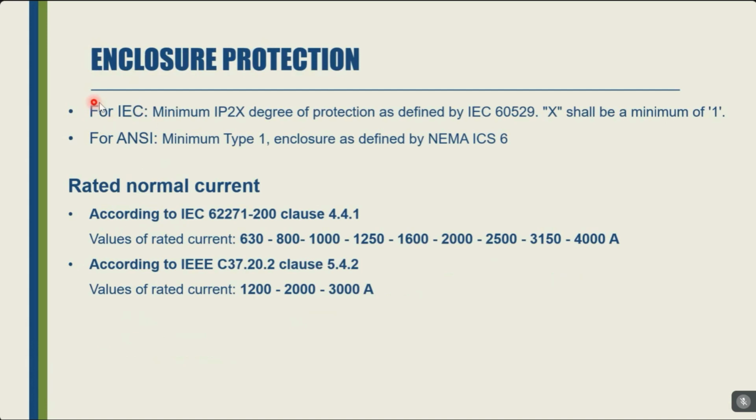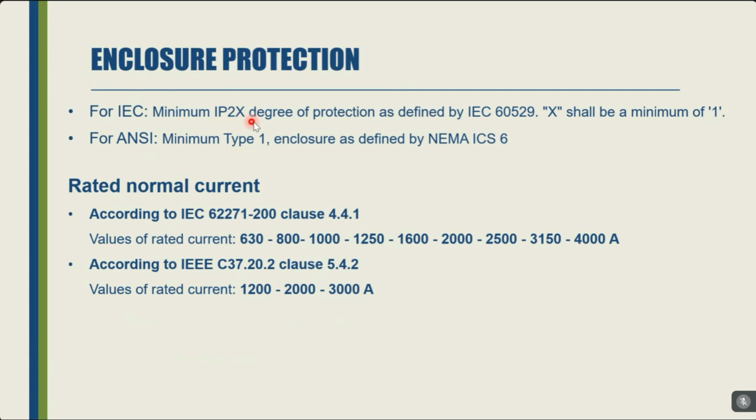So what are the enclosure protections that can be provided as part of your HV switchgear design, and what is the bare minimum ingress protection that the manufacturer needs to provide? IEC mentions minimum IP2X. The 2 means protection against solid objects and dust, and X means the water protection is not tested.